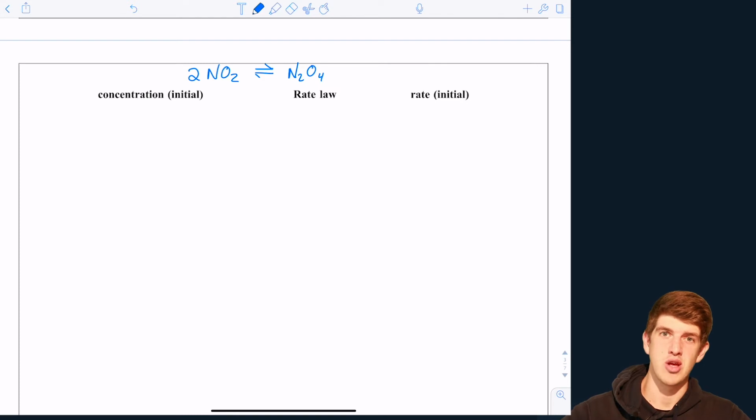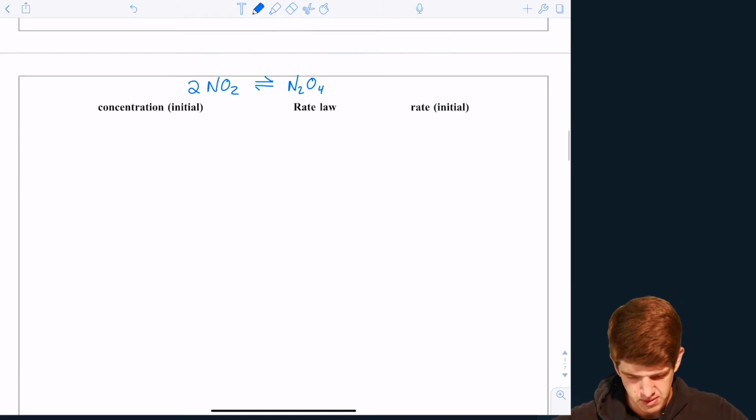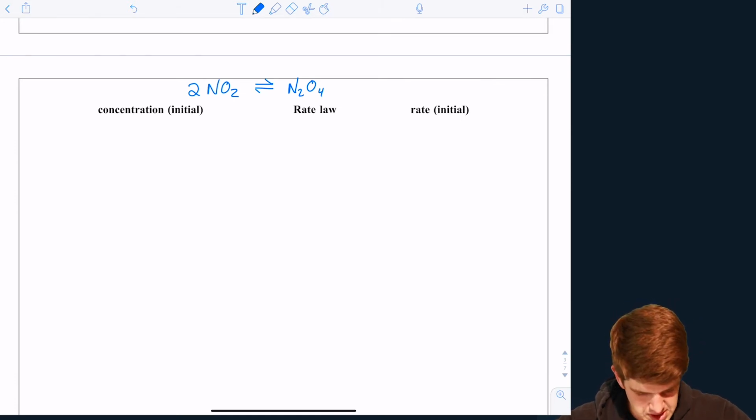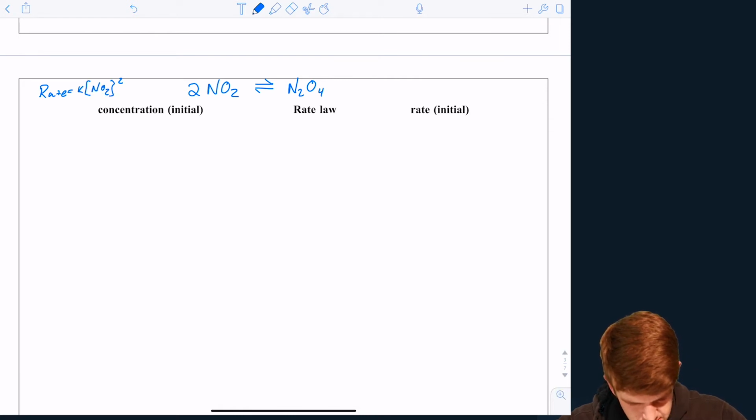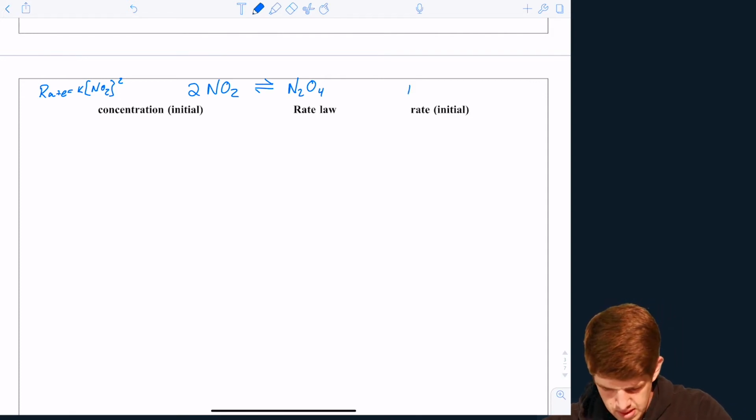If we're talking about equivalent rates, we are going to be looking at the rate laws and seeing how they change. The rate law for NO2 is rate equals the constant K times NO2 squared. And then the rate law for N2O4 is rate equals K times N2O4.